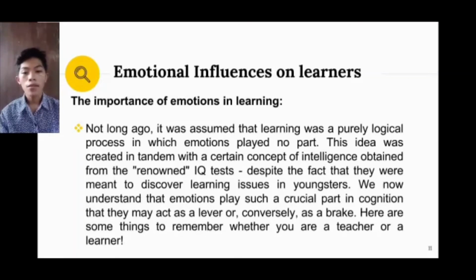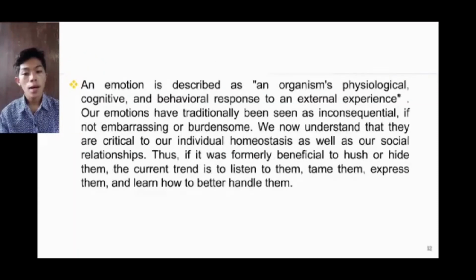Here are some things to remember whether you're a teacher or a learner. We must remember that an emotion is described as an organism's physiological, cognitive, and behavioral response to an external experience. Our emotions have traditionally been seen as inconsequential, if not embarrassing or burdensome.